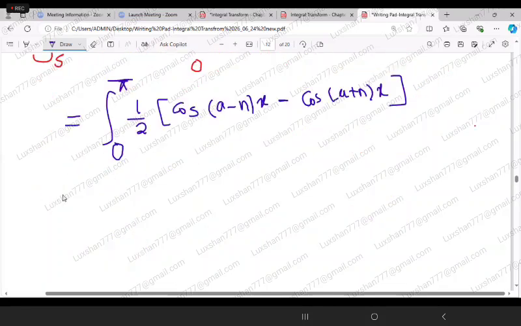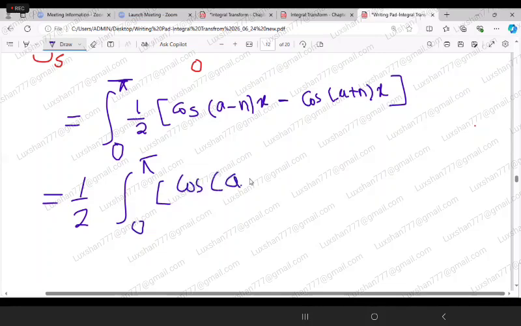So this is equal to, I can take half out, integral from 0 to pi of cos (a minus n)x minus cos (a plus n)x dx.